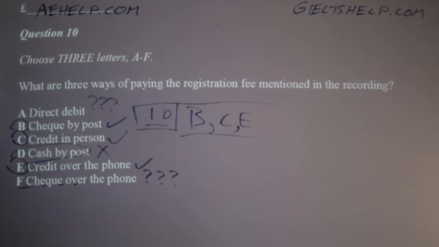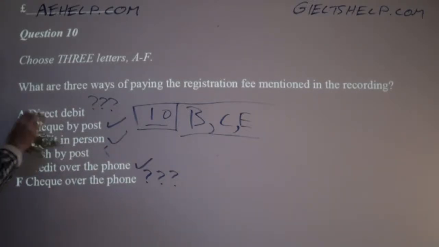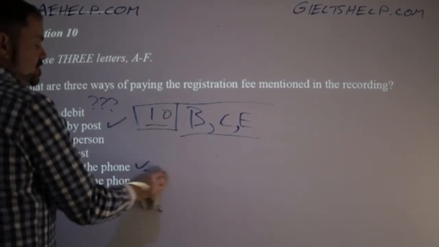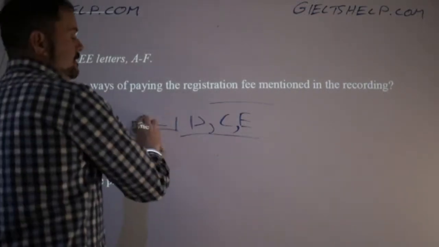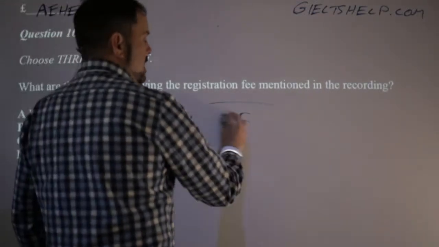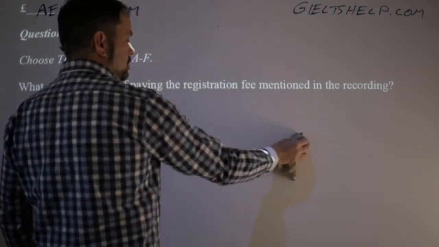So Ramnik, Jobair, Marjona. Yeah, good. Jobair, if you put B, C, D, then you would get it wrong. It's B, C, E. You should not post cash. No government office will ask you to send them money in cash. So students, keep that in mind.